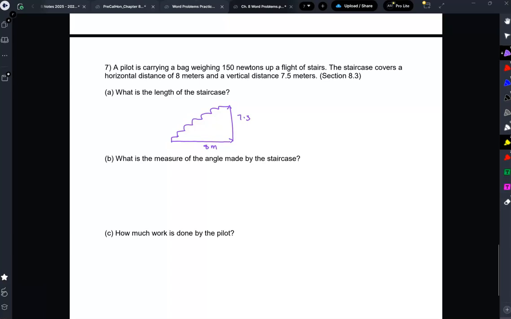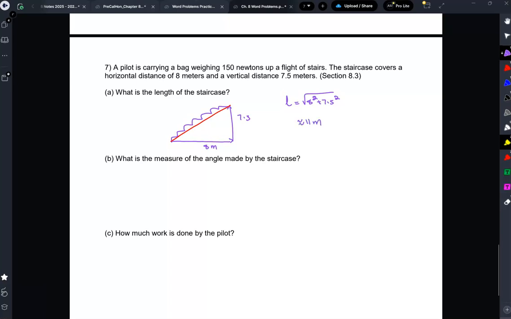What is the length of the staircase? What we want is this, right? And obviously this L is just the Pythagorean theorem. So it's going to be the square root of 8 squared plus 7.5 squared. We put that in our calculator and it will be about 11 meters.